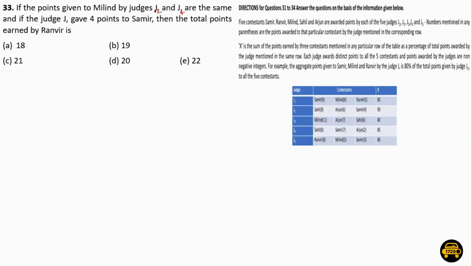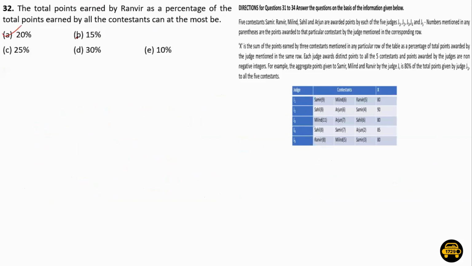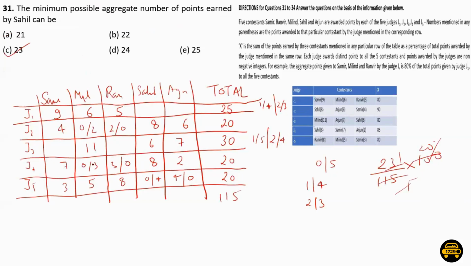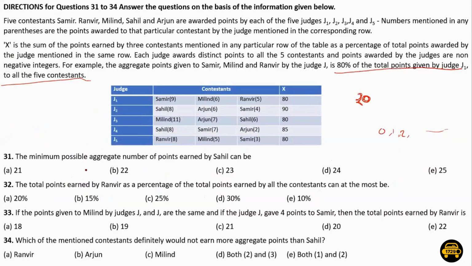So J2 and J4 are same, and if the judge J4, okay, this will be J3. Let's have a look at the question here. Let's make a correction. This will be J3.